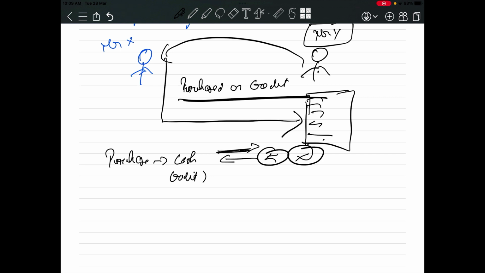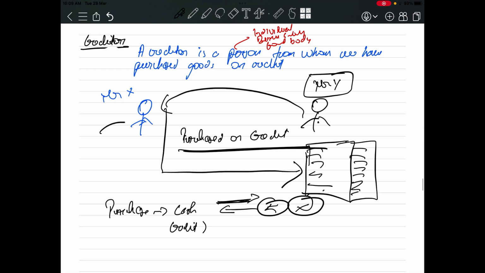In case of credit purchase, you go to the supplier, Mr. X, you buy the goods, the goods come to your business premises, but you have not made the payment for that. In the near future you will have to make payment, right? Mr. X will not give you the goods for free. You will have to pay him after some days.